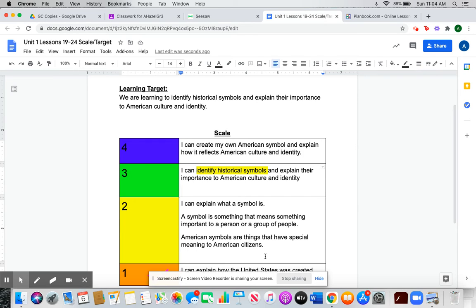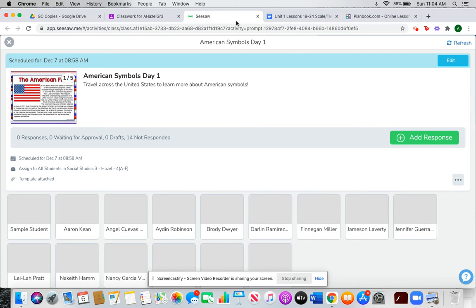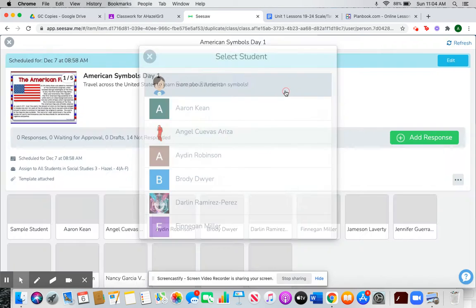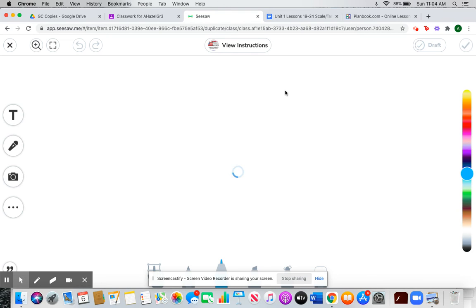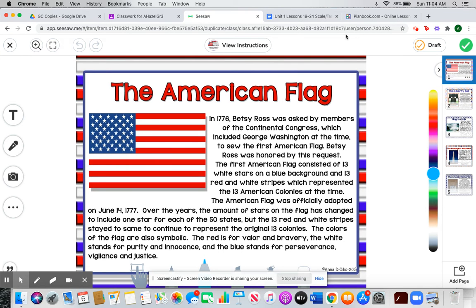So, today, you're going to go on to Seesaw. The Seesaw link is right on Google Classroom, and it's called American Symbols Day 1. Today, you're going to travel mostly on the East Coast to learn about different American symbols. So you'll click on Add Response, click your name, and it's going to take you here.